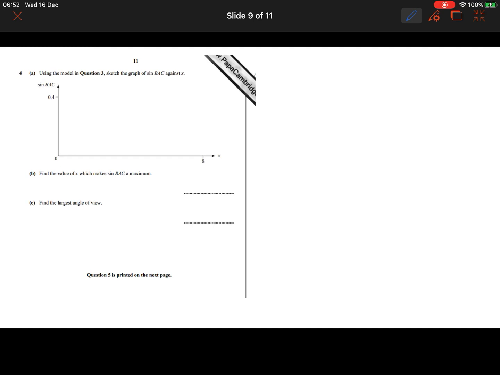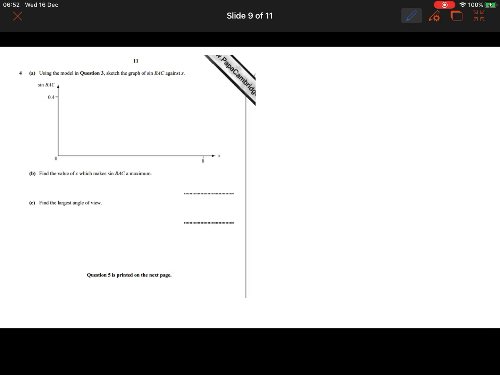Just bear with me a second whilst I do that. So we're going to say y equals x divided by the square root of x squared plus 1. Let's put that in brackets.